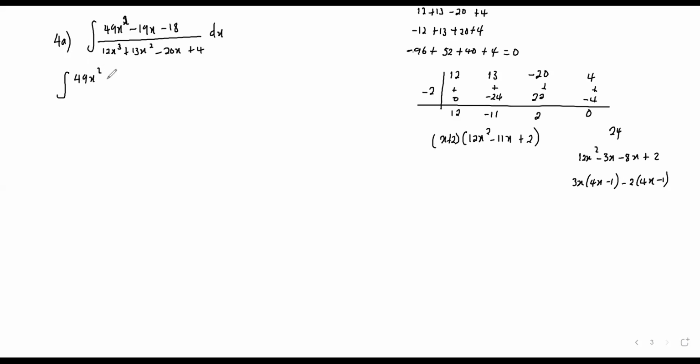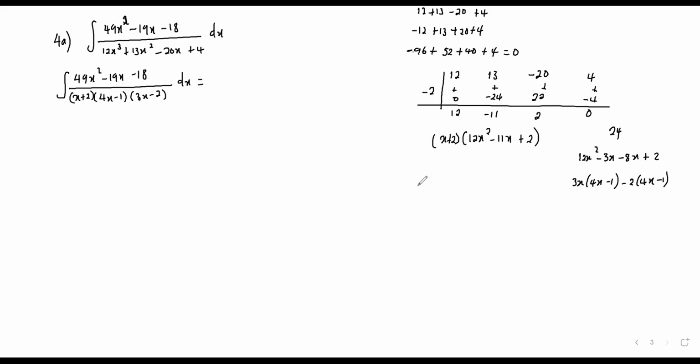For 9x squared minus 19x minus 18, we're dividing it with what? x plus 2, multiplied by 4x minus 1, multiplied by 3x minus 2, and dx. You see that?